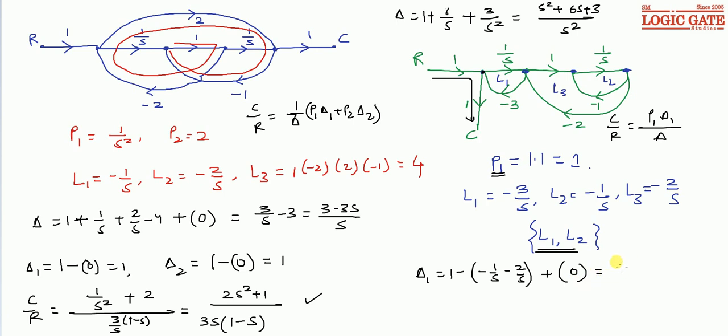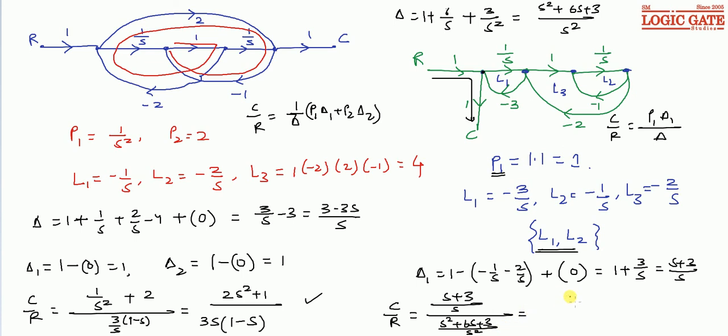So del 1 is 1 plus 3 by s, or s plus 3 by s. So C by R is P1, that is 1 into del 1. So s plus 3 by s divided by del. Del is s square plus 6s plus 3 by s square.